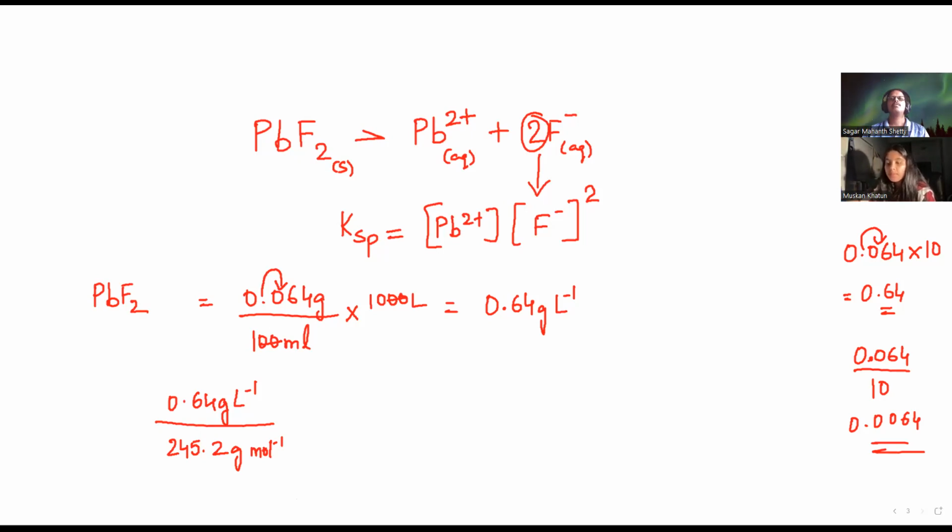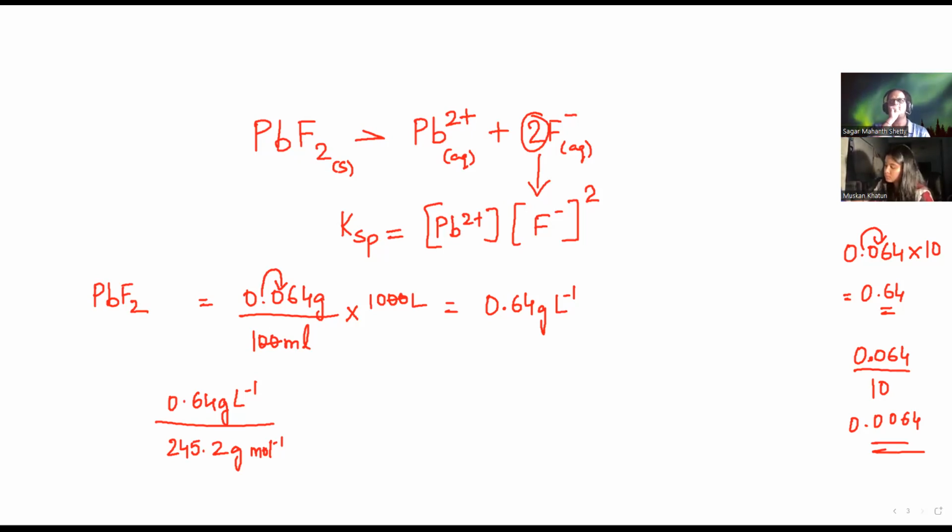I want you to divide 0.64 with 245.2. That's 0.0026101114. We need not go to the whole stretch of numbers, 2 places. So 0.0026. Understood that.